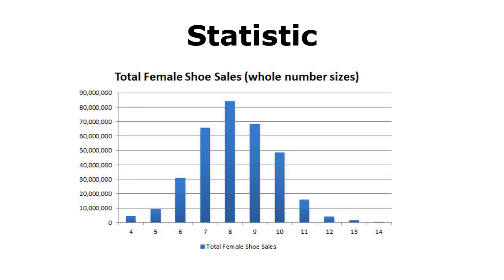Here's another example. This is actual data, and it's a lot of data. This is a picture of the size of shoes that have been sold in the world. This is data that's collected and tabulated by the industries that look at shoes.